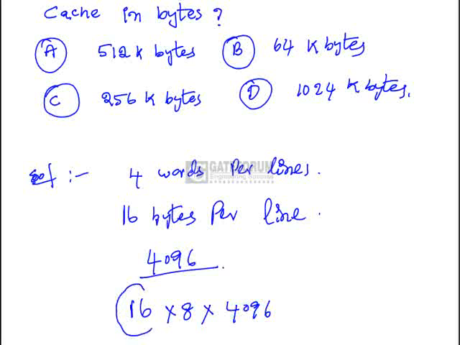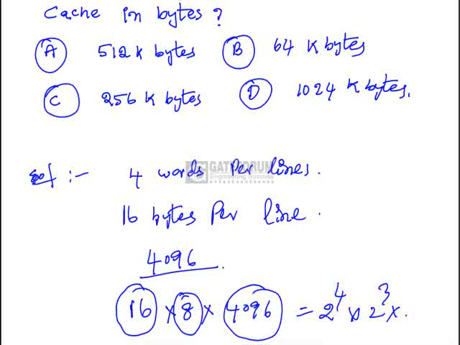So total it is 2 power 4 into 2 power 3 into 4096, which is 2 power 12. 12 plus 3 plus 4.